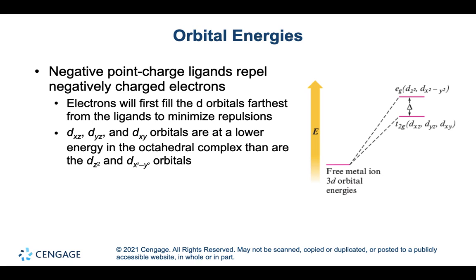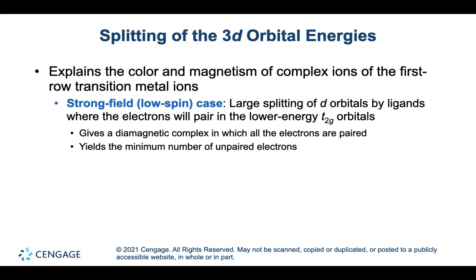That gap, that energy gap, is going to explain the colors of the light that is absorbed by these transition metal ions. These two sublevels are designated eg and t2g, and they are the splitting into two different groups of the d sublevel. So, like I said, this explains color and explains magnetism for these complex ions.